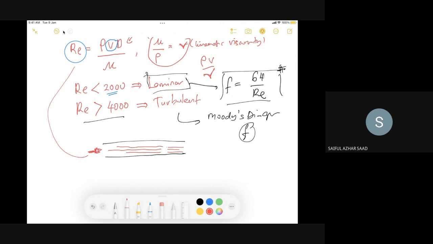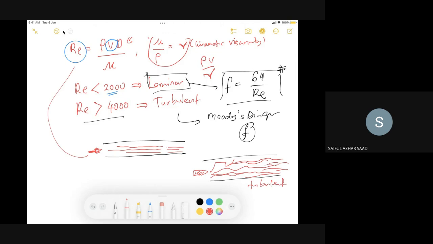And for turbulence, let's say this is my dye injection. Usually I will get something like this: the dye spreads chaotically. This is the turbulence. That's the reason why we learn about the Reynolds number, so that we can determine which type of flow that particular fluid has.